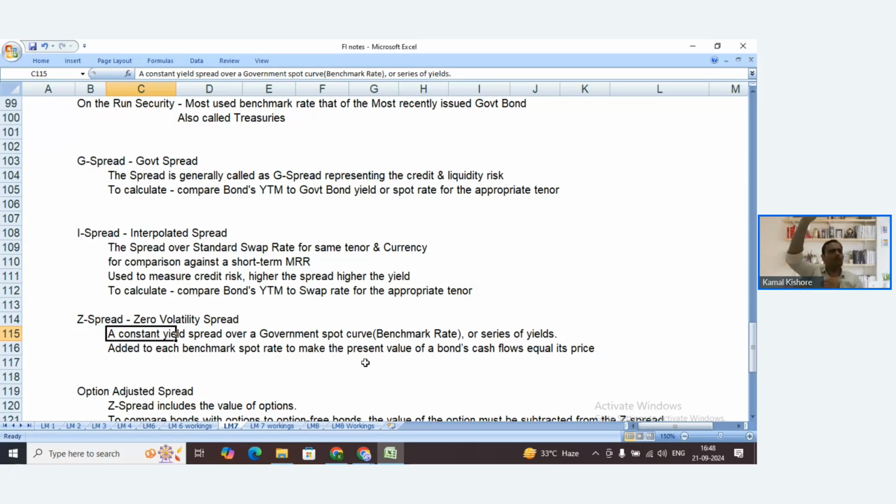I want 200 BPS extra, 300 BPS extra, 50 BPS extra. Then you get this another curve. So this constant spread is called the zero volatility spread. Without volatility, whichever way my government bond goes, that way only I will also go, with constant difference. That is the yield that I want on my corporate bond or on my risky bond.